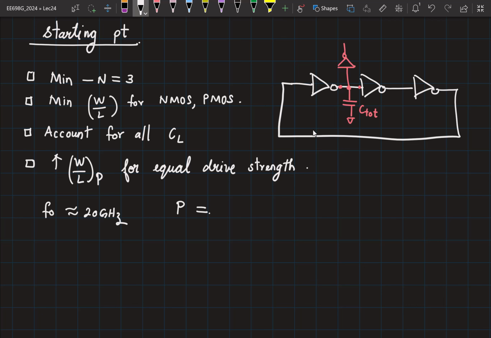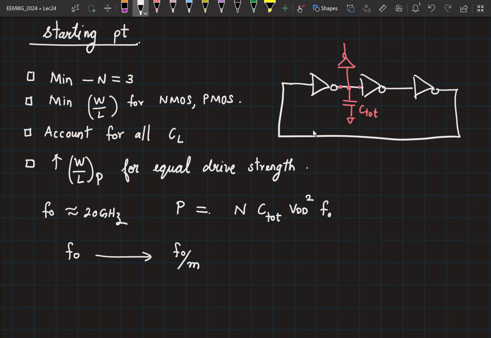That will be equal to n times the capacitance at each node times VDD square times F0. So now our aim is to bring down this F0 to, let's say, some F0 by M.